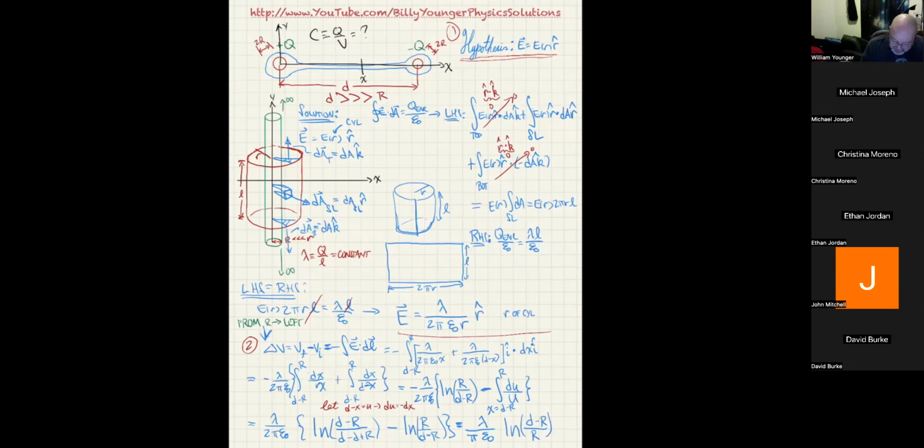Now, the very last step is calculating what is C. So this is step 3.